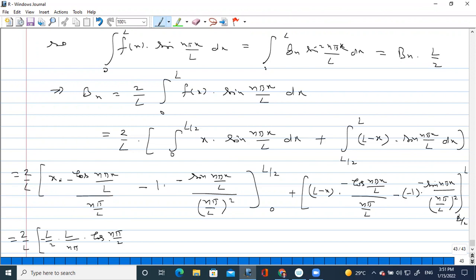Okay, now this minus minus has become plus, so here you apply L by 2, sin(L by 2) will become sin(n pi by 2).